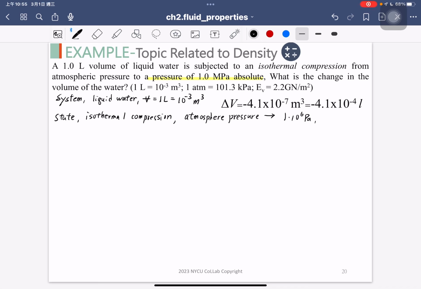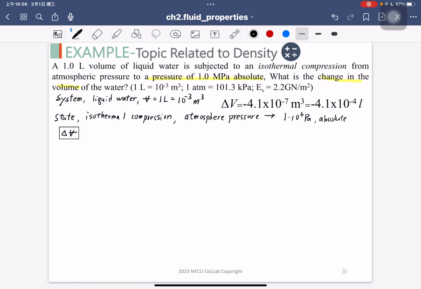And this pressure is the absolute pressure, because we do the isothermal compression. The property we are required to answer is the change in volume of water. So delta V is our unknown parameter. We didn't know it.